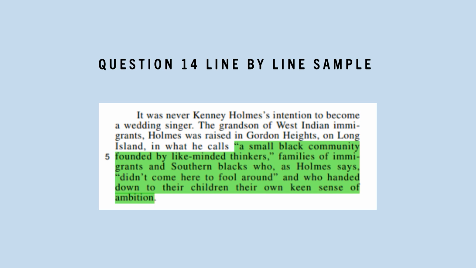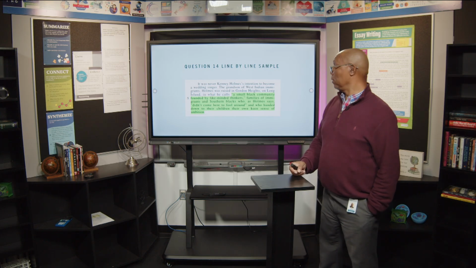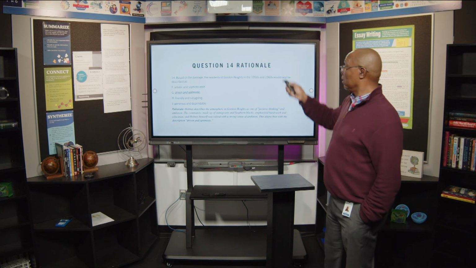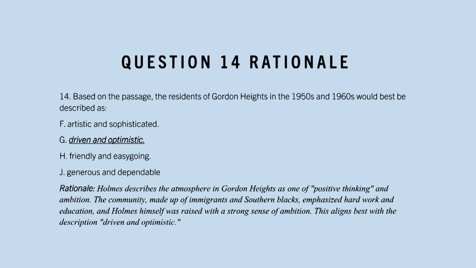When we pull out that information, it says Holmes was raised in Gordon Heights on Long Island in what he calls a small black community founded by like-minded thinkers, families of immigrants and Southern blacks who, as Holmes says, didn't come here to fool around. If you didn't come someplace to fool around, that means you're pretty serious, pretty driven. That hint tells me the best answer was driven and optimistic.